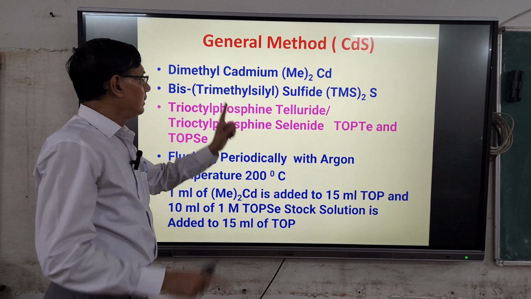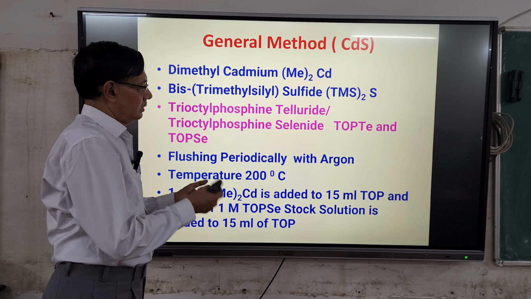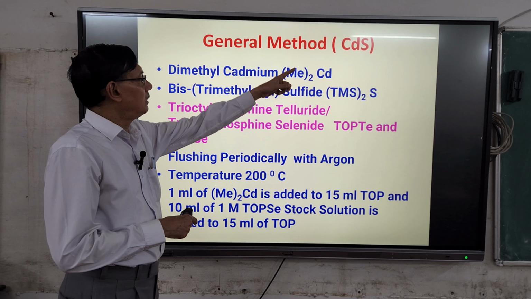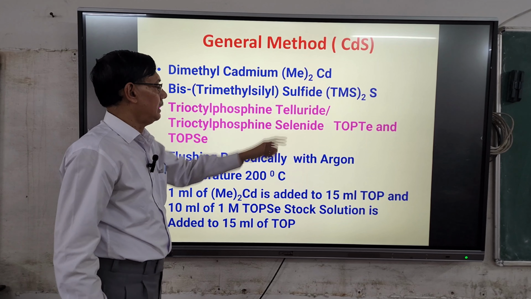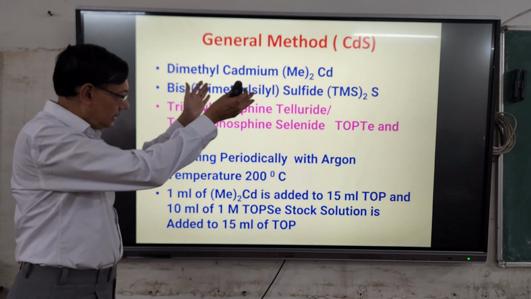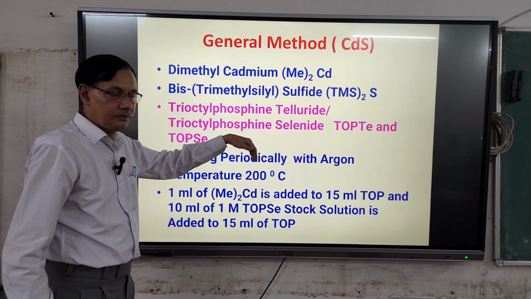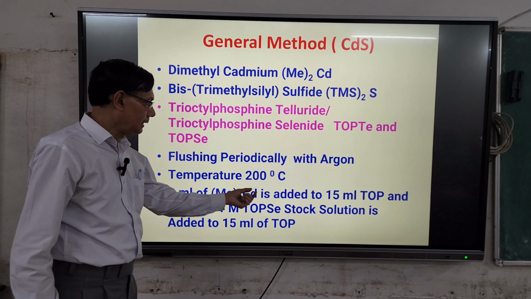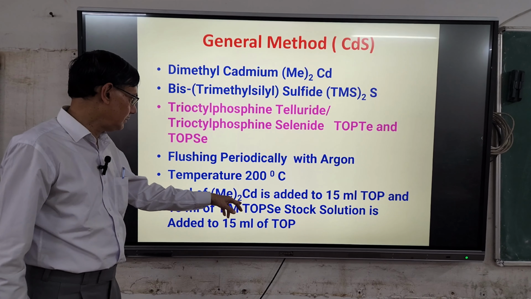So two precursors: one is dimethyl cadmium dissolved in TOP solvent, and for the sulfide we take TMS, trimethylsilyl sulfide, dissolved in TOP, and there must be a single hot injection. Of course an inert atmosphere is required to avoid any impurities. So 1 mole of dimethyl cadmium is added to 15 ml of anhydrous TOP solvent and 10 ml of 1 M TOP-TMS stock solution.